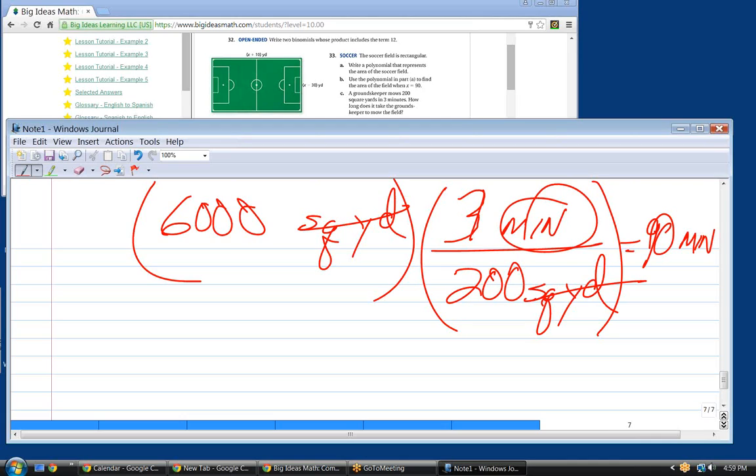But whenever you're doing conversions like this, sometimes they'll be a lot more complicated. There'll be 3 or 4 factors. The way to get the answers is to always make sure you have your units in the proper spot, whether it should be in the numerator or the denominator. You know what I'm saying? Yeah.